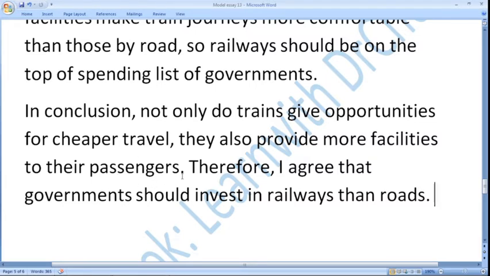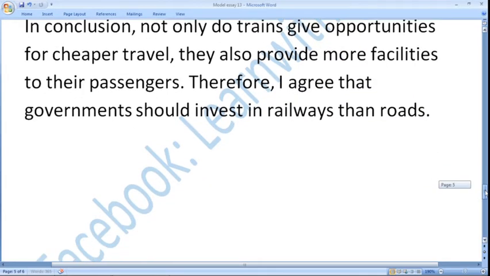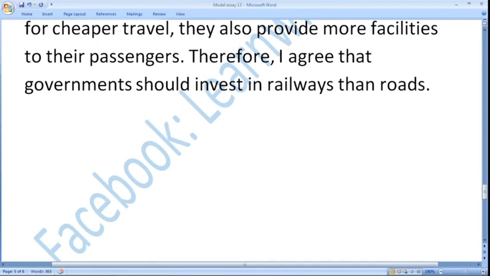So this was my conclusion, and now I need to proofread my whole essay. For what?